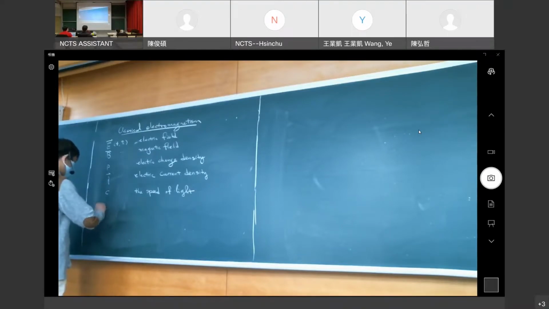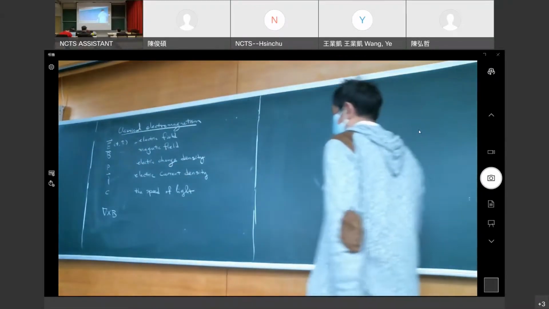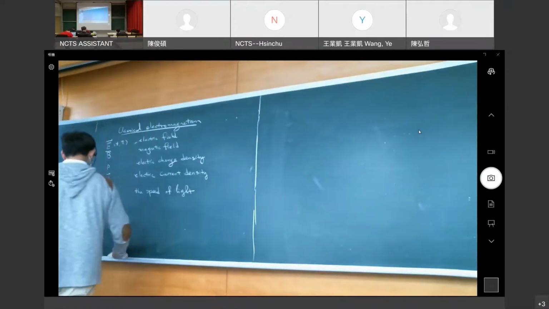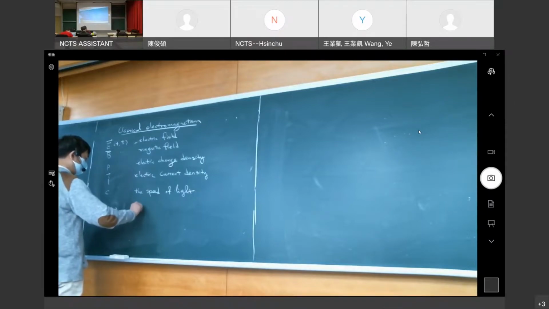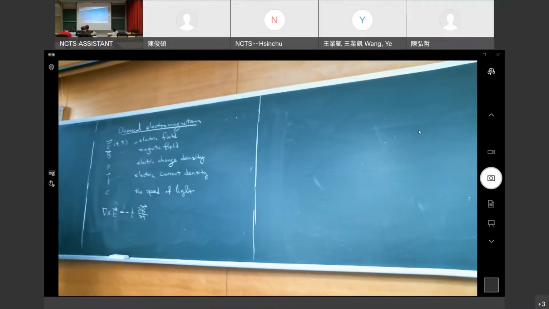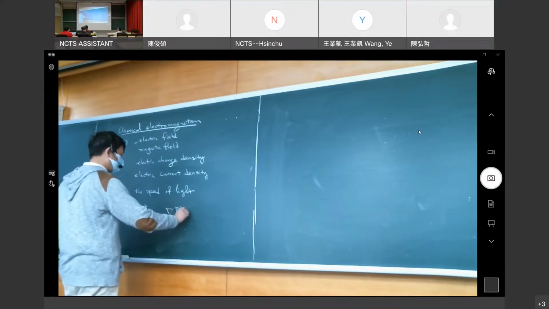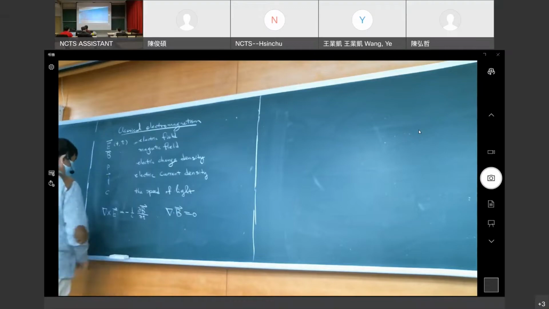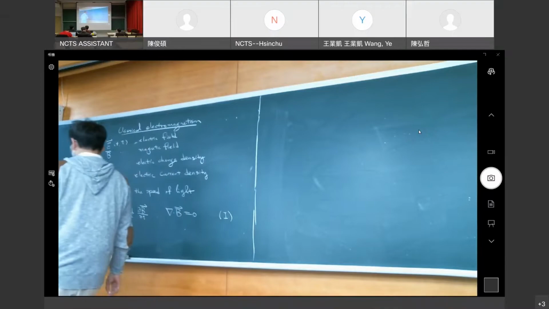The first category of equations is that the curl of E is equal to minus, which is a very important minus sign, the time derivative of the magnetic field. And then the magnetic field is divergence free. These two equations form group 1.